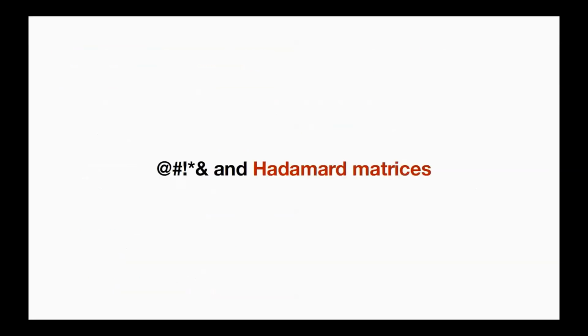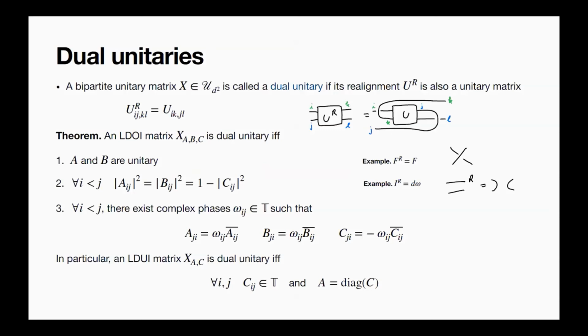So now, finally, I will introduce some other objects. There were a lot of definitions, I apologize for this. And Hadamard matrices will appear. For this, I need to tell you about dual unitaries. So what is a dual unitary?